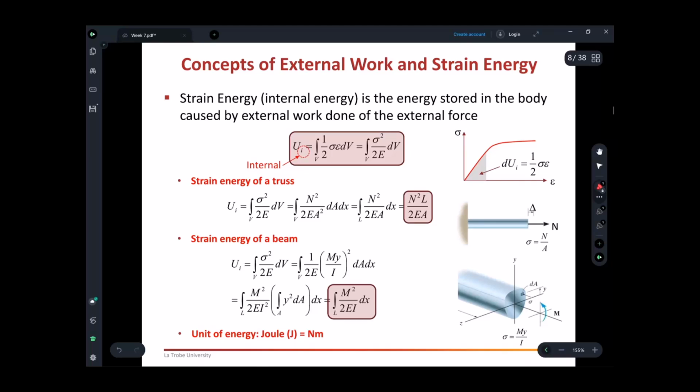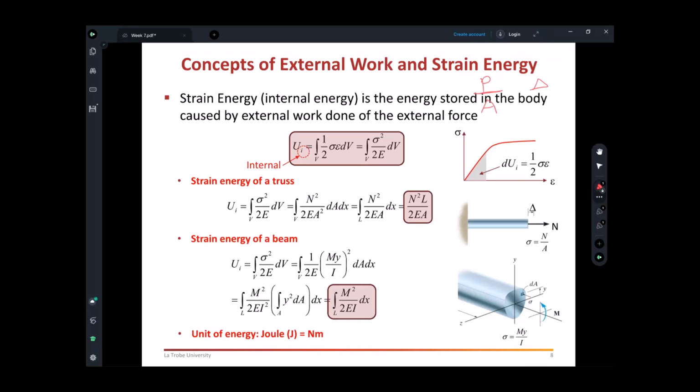Now, when you talk about the internal work done, in the external work done you have load and displacement, right? Similarly, we have a quantity here. Internally, we need to divide this load by area, because the internal energy is stored depending on how much area there is.